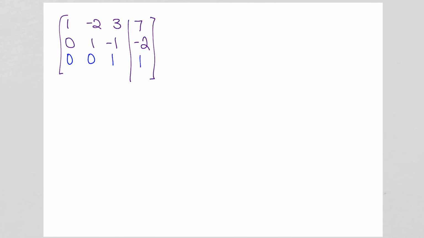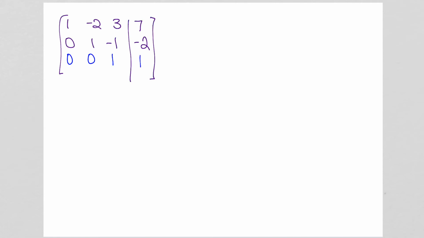So, in this bottom row, notice we have our 1. Let's do this. The top row, if we change this back into a system of equations, okay? I'm going to start over here because I know where this is going.